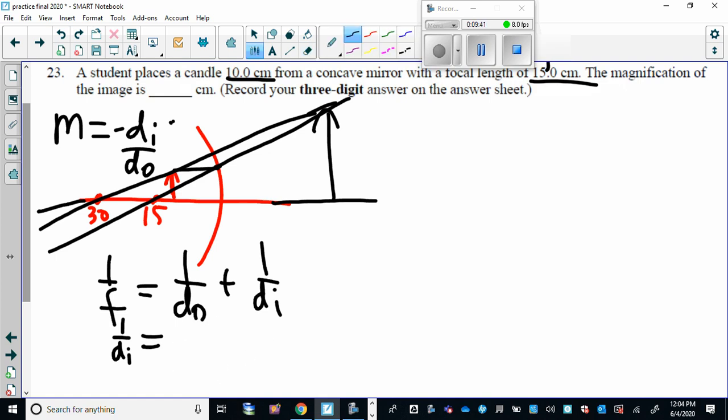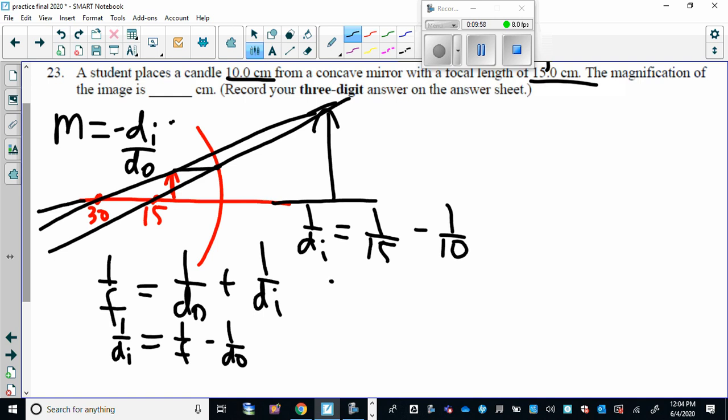So it's 1 over di equals 1 over f minus 1 over do. 1 over di equals 1 over 15 minus 1 over 10. You're going to get a negative answer because it's a virtual image. It's behind the mirror. And once you solve that, you end up getting negative 30.